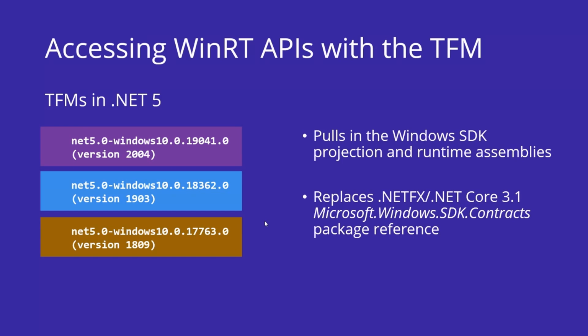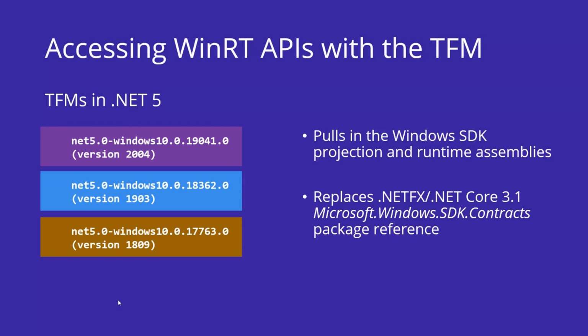Here on the left-hand side, you can see that the supported TFMs currently are the last 3 versions of Windows, the latest being version 2004 or build 19041. When you add the TFM to your project file, it automatically adds a NuGet dependency into your project, and it pulls in both the Windows SDK projection along with a runtime assembly, which is a helper library for lifetime management. Both of these assemblies are produced by C# WinRT.